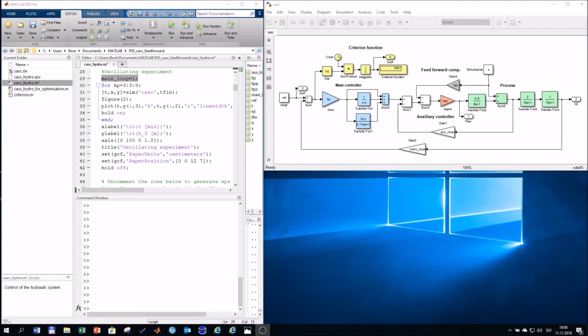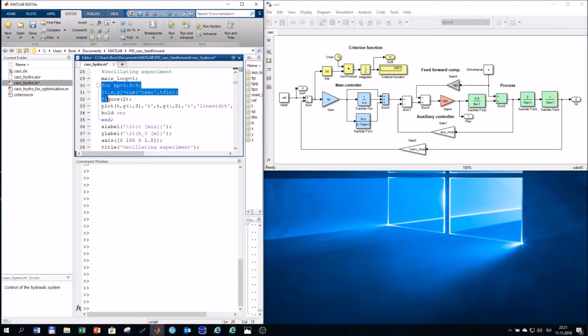In the sequential experiments, the controller gain is increased until oscillation of the controlled variable with constant amplitude is achieved. However, this is possible only for at least third-order proportional and integral processes, or for lower-order processes with a dead time.